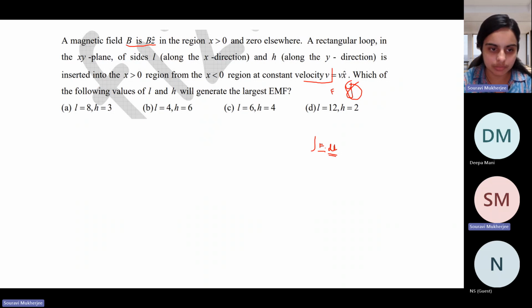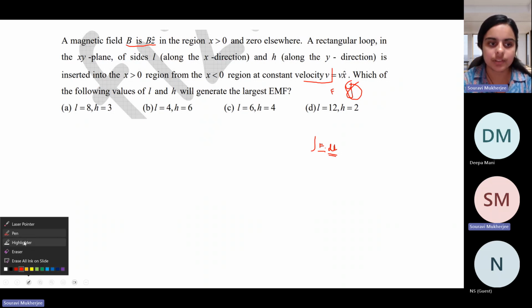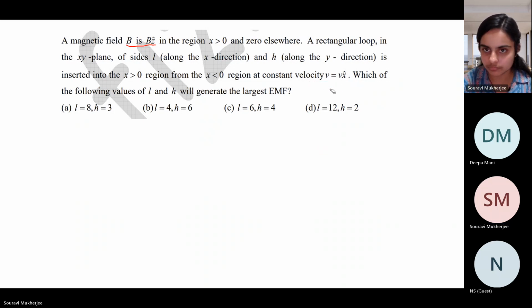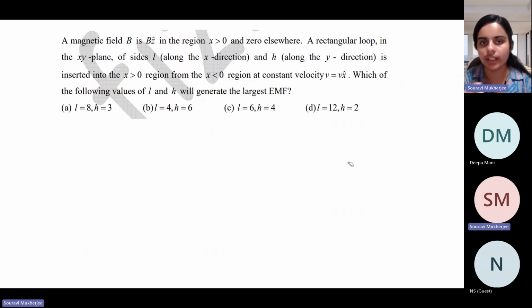So can you now, based on whatever we just discussed, tell me what the solution will be? You don't have to solve anything. You can just look at the question, think of it and tell me. We already discussed the reasoning. Now, can you tell me the answer?